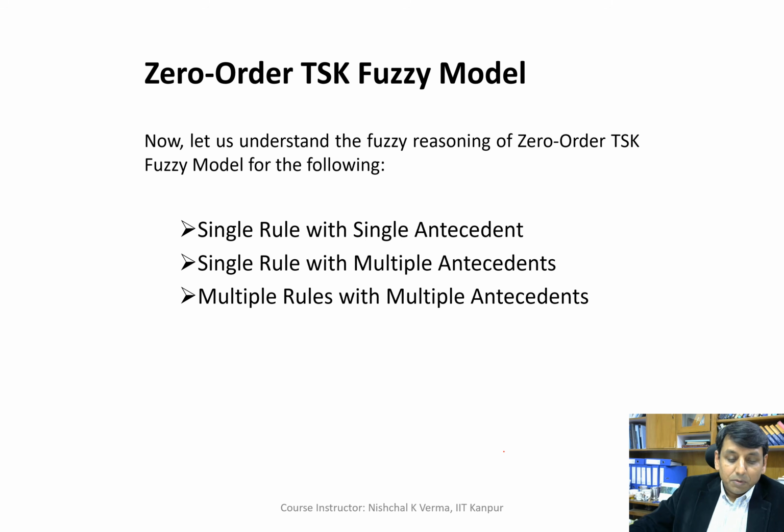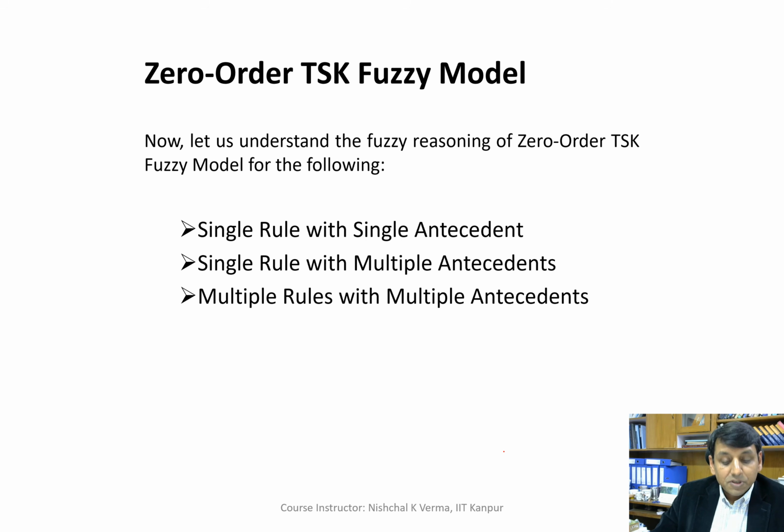So let us now go for the fuzzy reasoning of the zero order TSK fuzzy model, and we have three cases as we have had earlier for other fuzzy models.